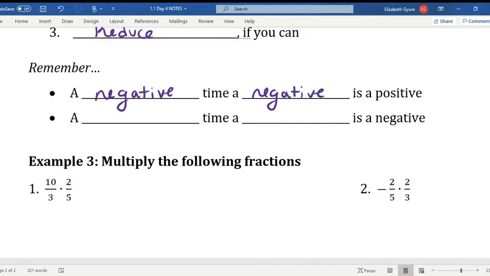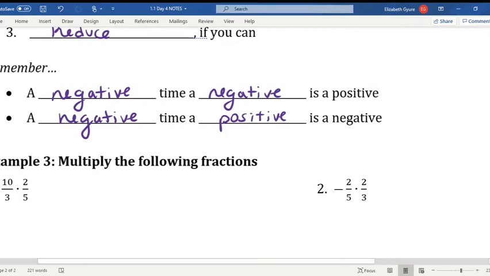And if I have a negative times a positive, it's going to give me a negative, exactly. So, a negative times a negative is going to give me a positive, and a negative times a positive is going to give me a negative. Just some little things to remember there that people make silly mistakes on.